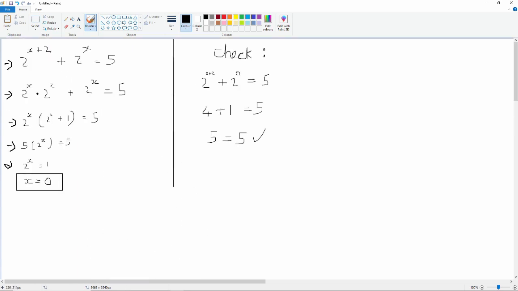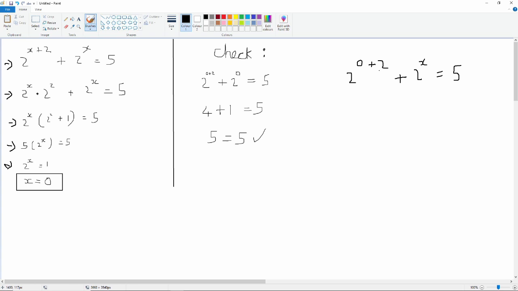So the original question is 2 to the power x plus 2 plus 2 to the power x is equal to 5. Now we've already calculated that x is equal to 0, so let's substitute 0 for x. So we get rid of the x and we put in 0.